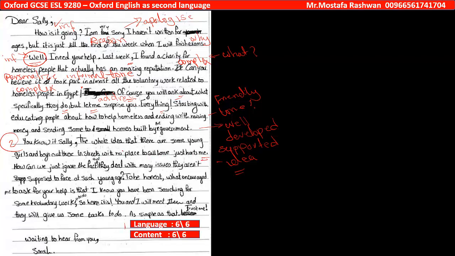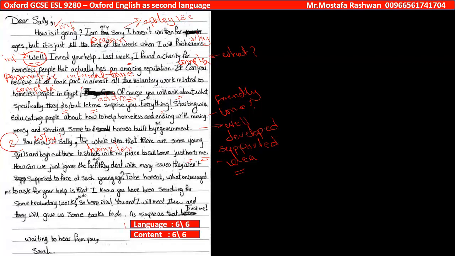This idea is the second bullet point for why you will participate in this volunteer work. He developed the idea of the reason that people who are homeless hurts him, but he introduced his idea in a great and developed manner.